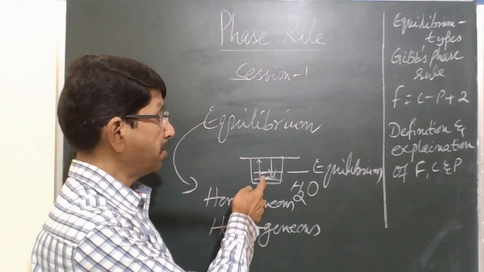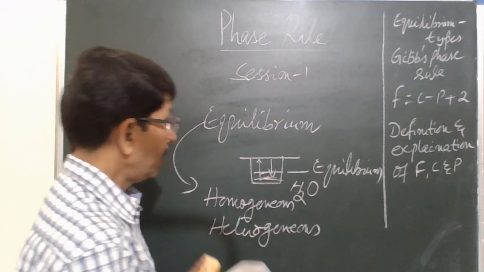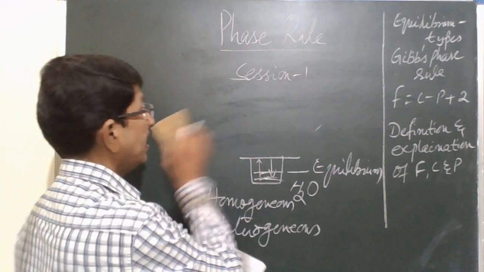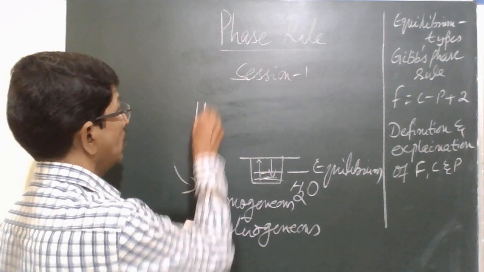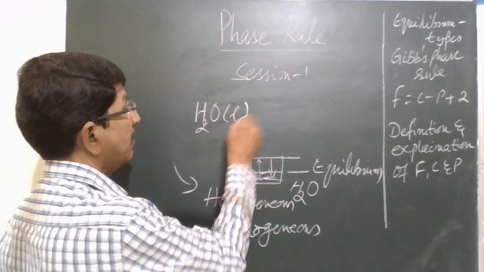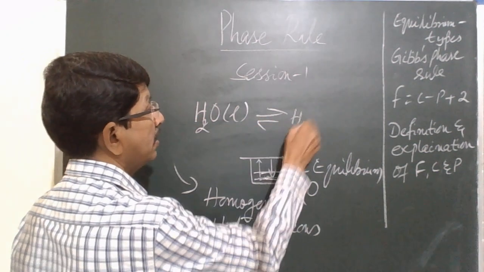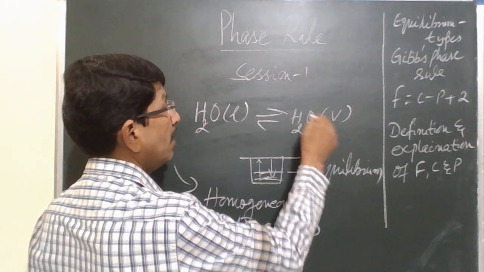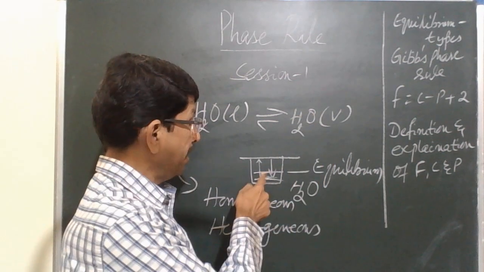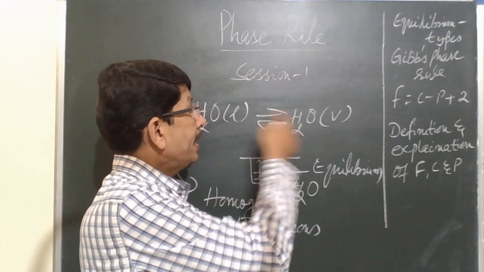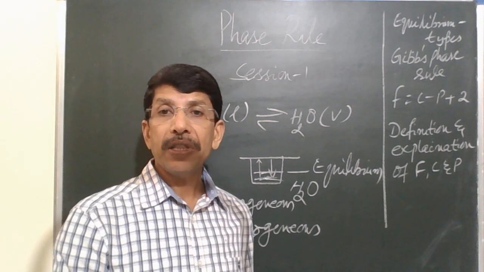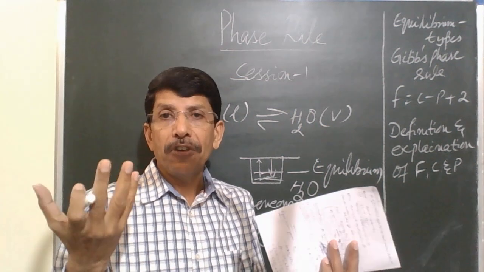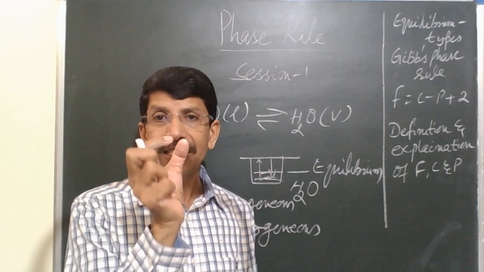For example, consider liquid water in equilibrium with vapor water. Water in the liquid state is in equilibrium with water in the vapor or gaseous state. So we have liquid state and gaseous state in equilibrium.